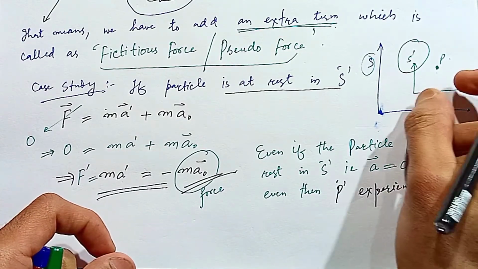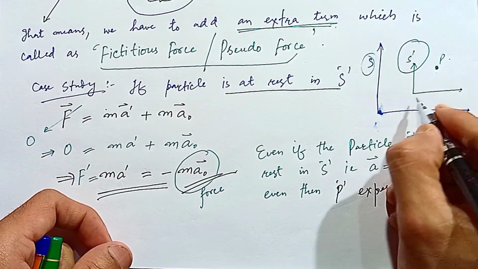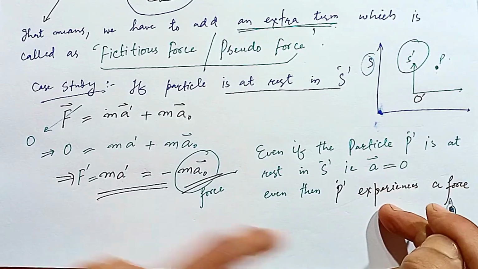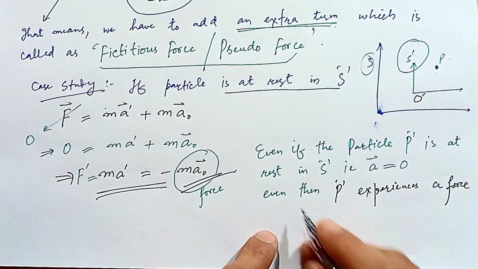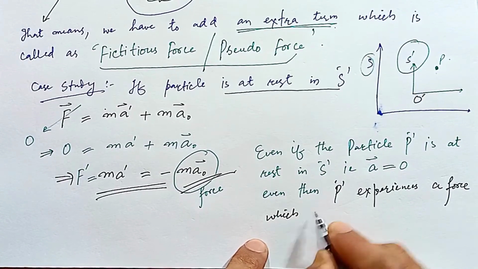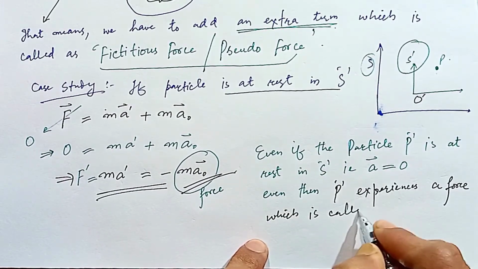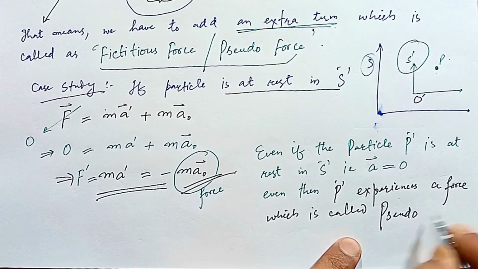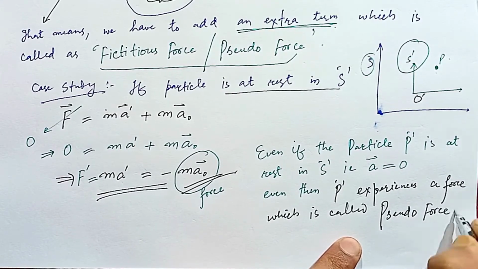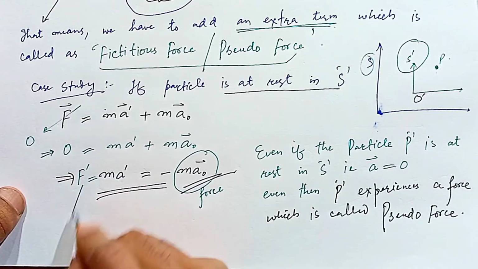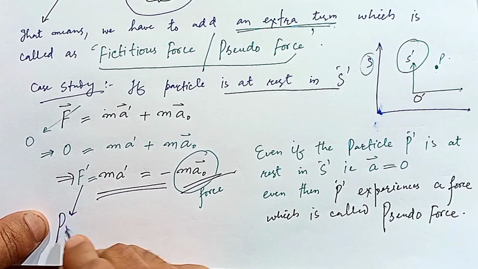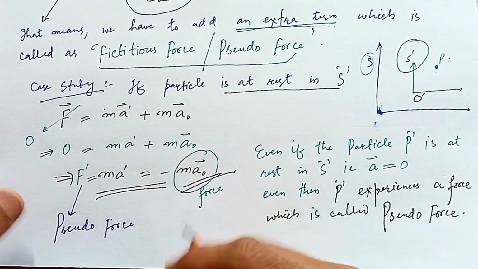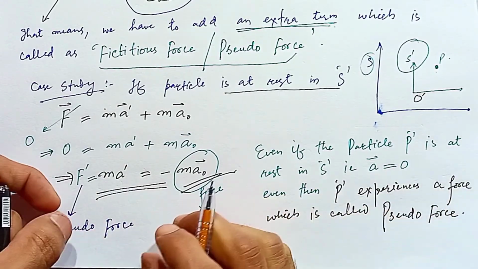No, it is because the frame of reference O prime is itself accelerated, and that gives origin to that force. It experiences a force which is called the pseudo force, or the fictitious force. It is not somebody from the external side applying some force onto this.